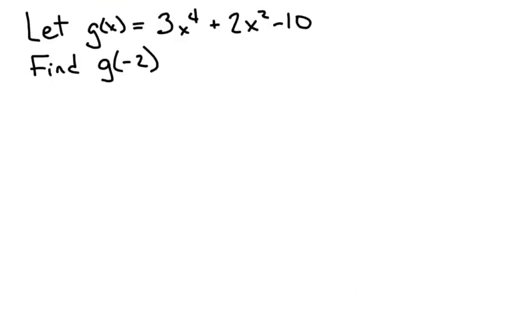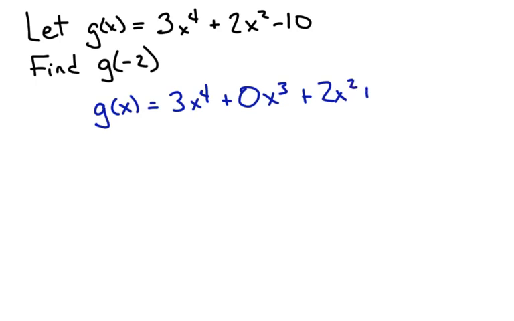Let's try it again. Let g of x equal 3x to the 4th plus 2x squared minus 10. Find g of -2. So let's set it up. First of all, what was important is that it had to be in order. 3x to the 4th. And notice that we don't have any x to the 3rds, so we have 0x to the 3rd. Plus 2x squared. And no x terms. Minus 10. So list all of those coefficients: 3, 0, 2, 0, -10.